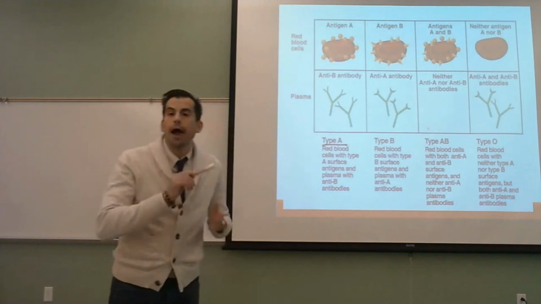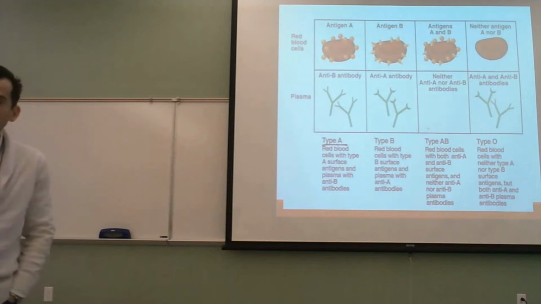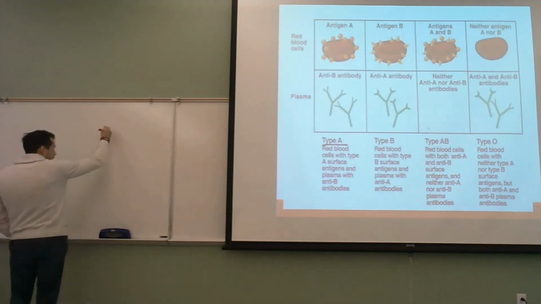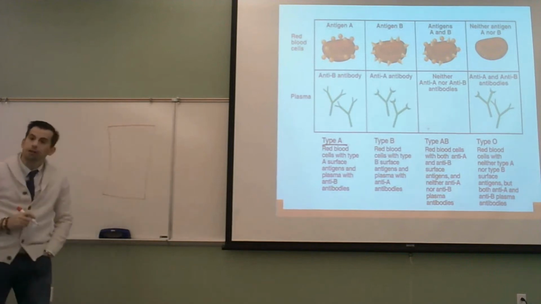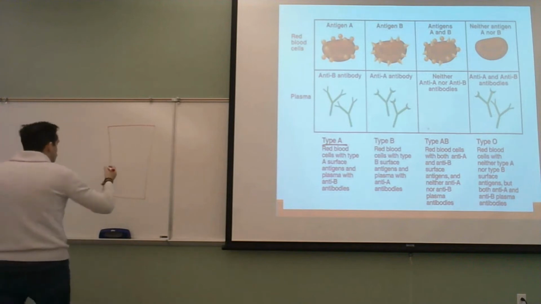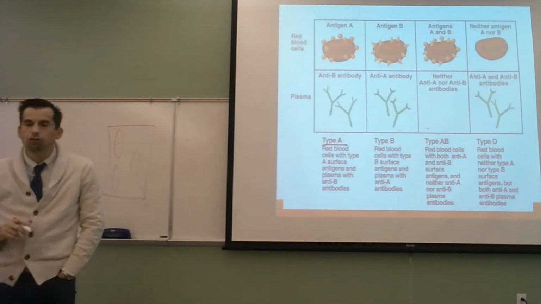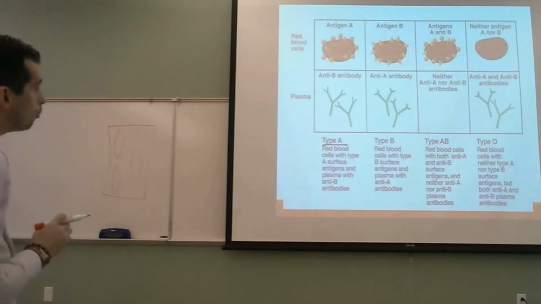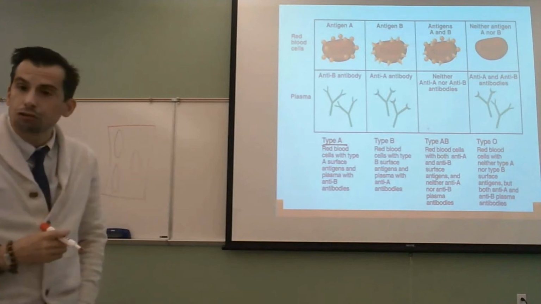Now, you will see some practical questions in both lecture and lab with regard to blood typing. And there's one lab in particular that you will do where you'll get plastic trays that will have 3 wells. And you are going to have to identify a type of blood based on the interactions you see.